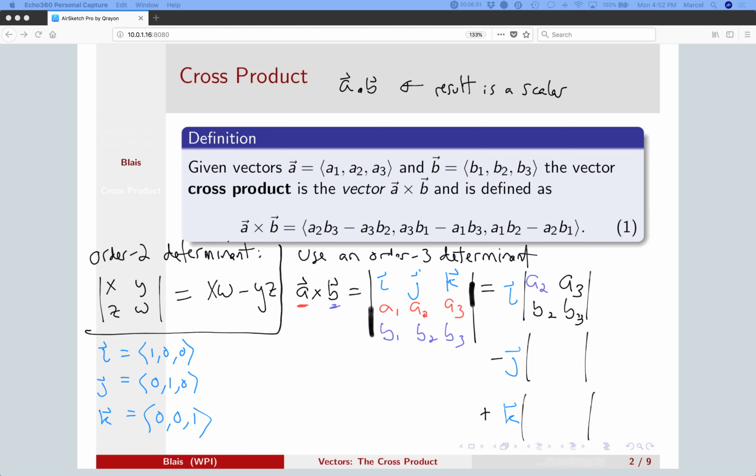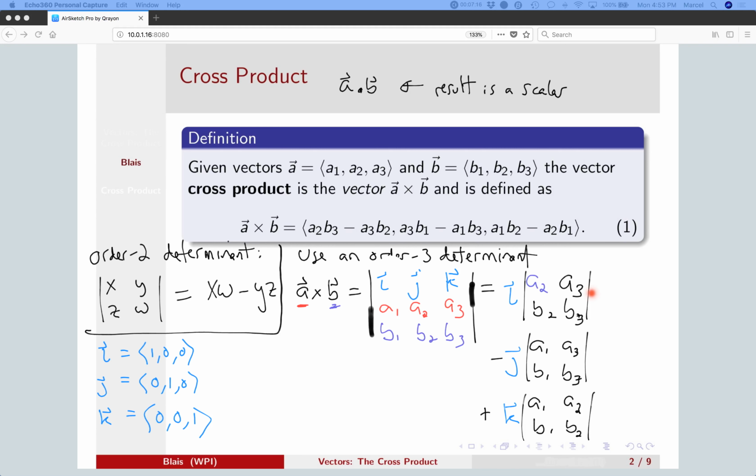Then we do the same thing for J. Erase the row containing J and the column containing J, and what remains is the 2 by 2 for J. So what remains when we get rid of the row and the column including J is A1, A3, B1, B3. And finally, we do the same for K. Erase the row containing K and the column containing K, and what remains is this 2 by 2, which is A1, A2, B1, B2.